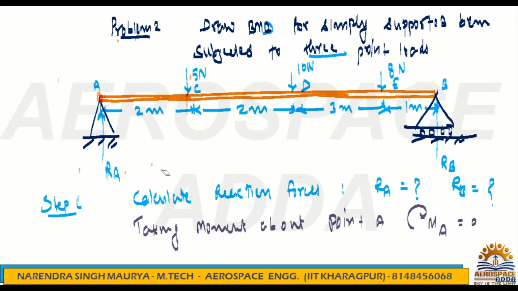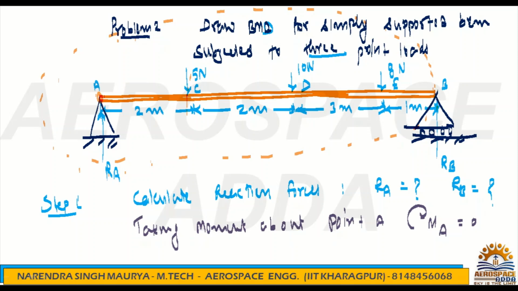But if you talk about RB, RB will be going in the upward direction. To take moment about point A, you make a circle and point A should be inside the circle. So point A is enclosed inside the circle you have drawn.